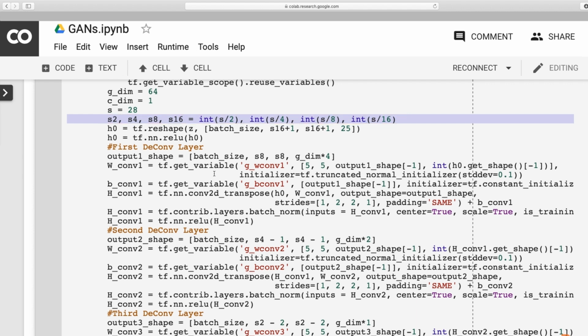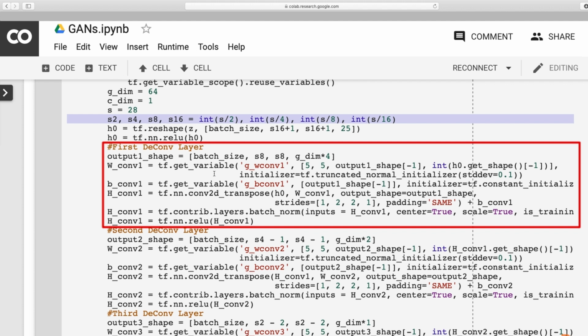Each layer would be upscaling by a specific factor like S2, S4, S8, and S16. The first layer gets a 2 times 2 noise image and upsamples that to a 3 times 3 image. It uses a 5 times 5 kernel initialized with normal values, and the bias term is also randomly generated. Then the transpose convolution is applied with strides of size 2 times 2.